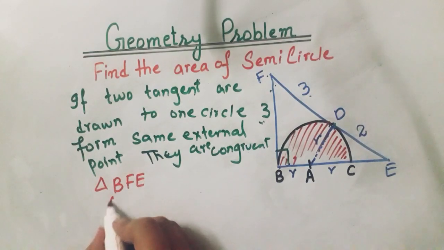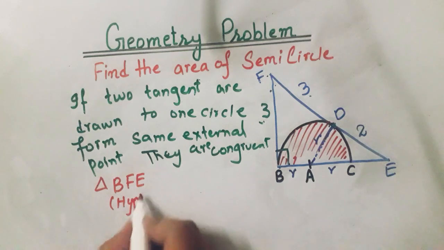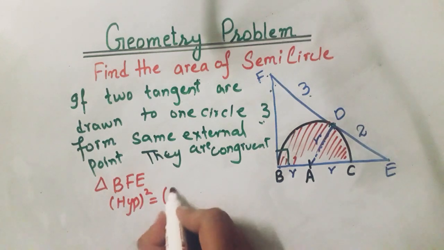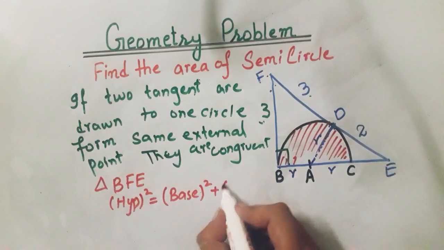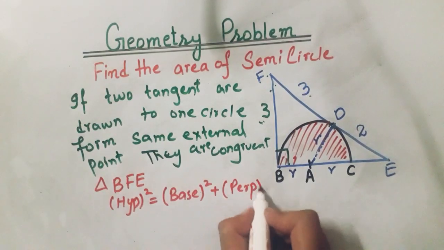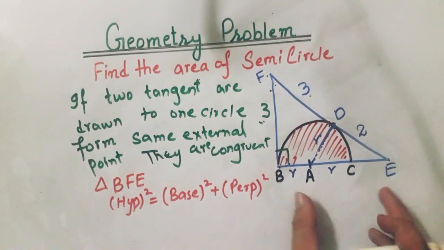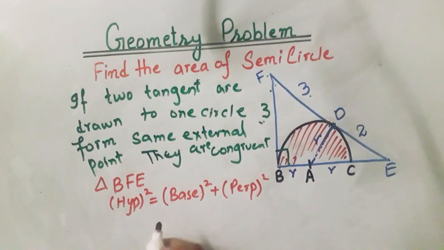You will see that hypotenuse square equals base square plus perpendicular square. You have to find the base value.